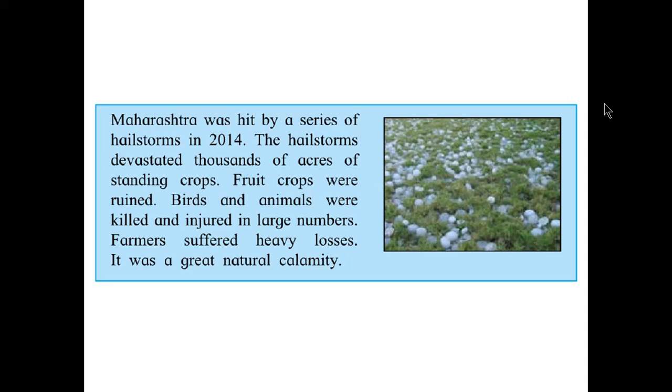The hailstorms devastated thousands of acres of standing crops. Fruit crops were ruined. Birds and animals were killed and injured in large numbers. Farmers suffered heavy losses. It was a great natural calamity.